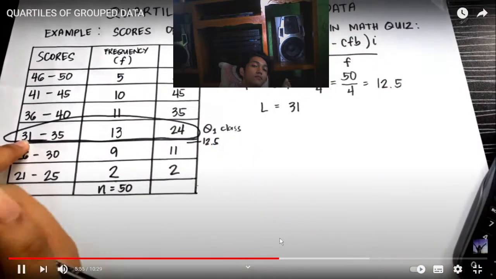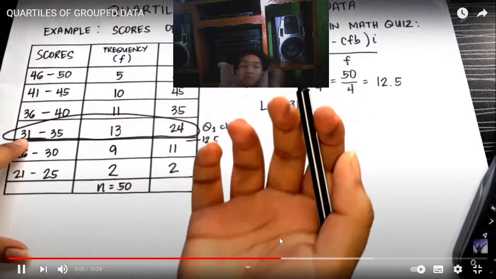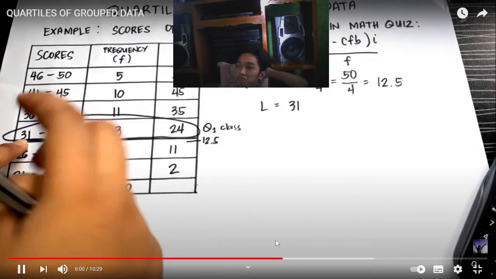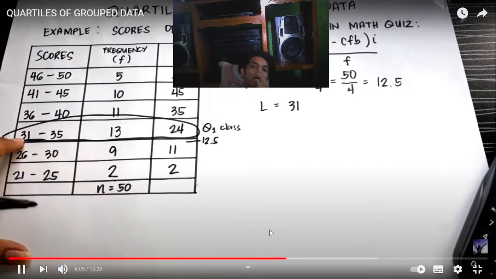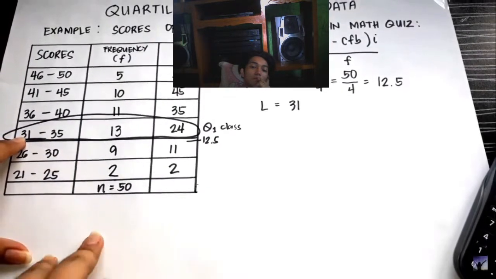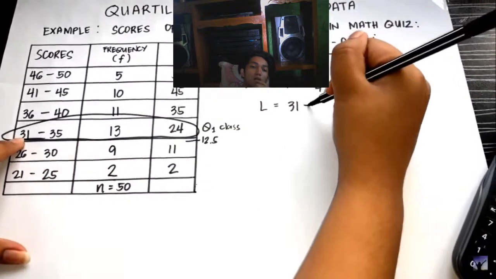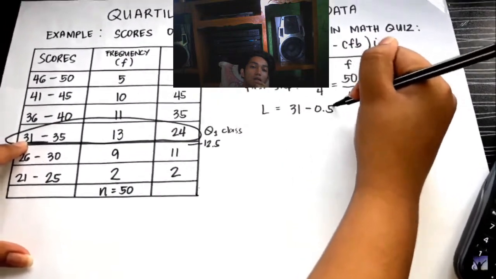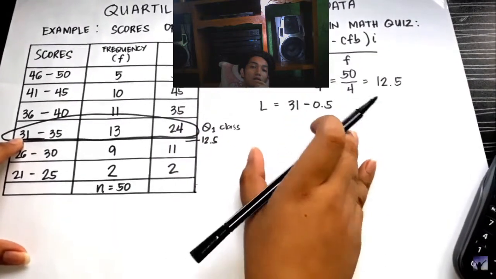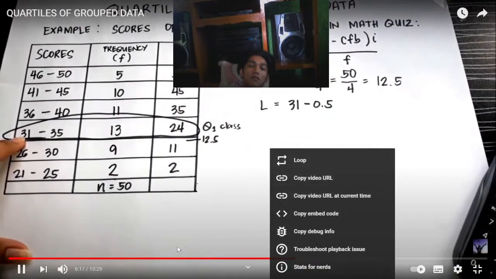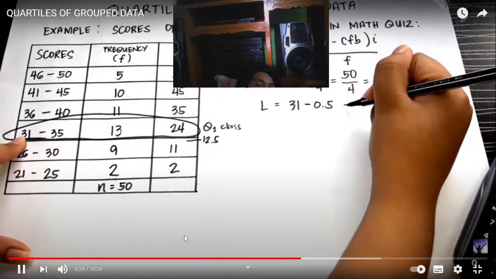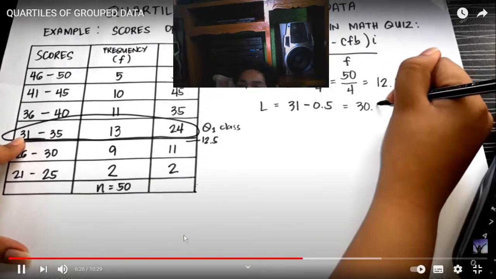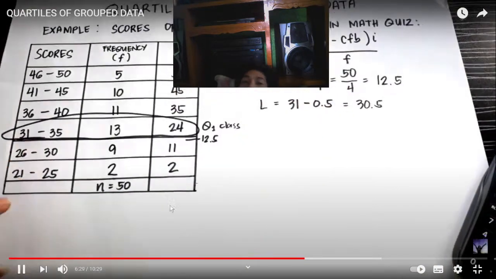And since we're talking about lower boundary, meaning the boundary of the last score before the lowest score of our quartile 1 class, that is 31 minus 0.5. 0.5 here is constant. When we get the lower boundary, 0.5 is constant. We always subtract 0.5. So that is equal to 30.5. Now we have the lower boundary.